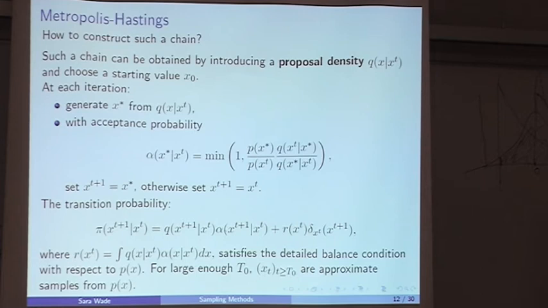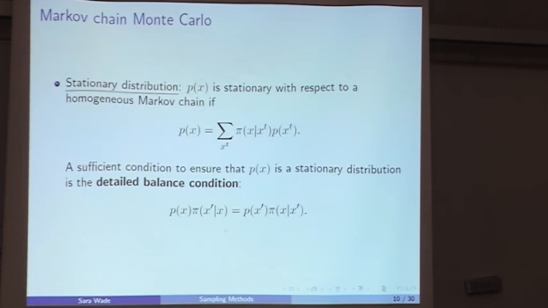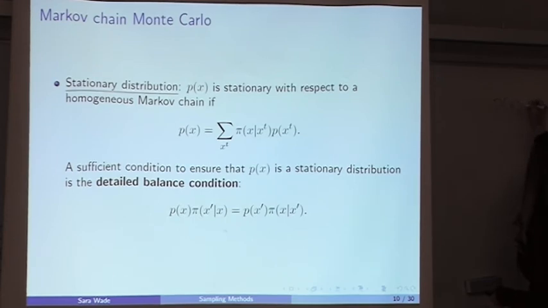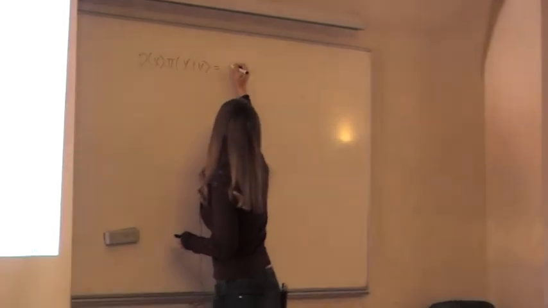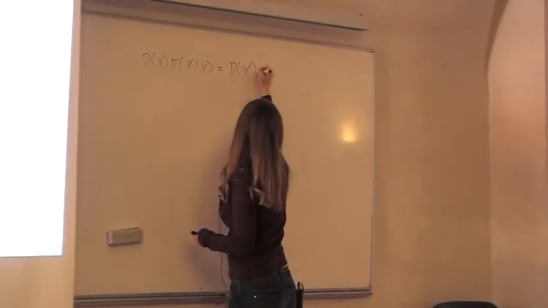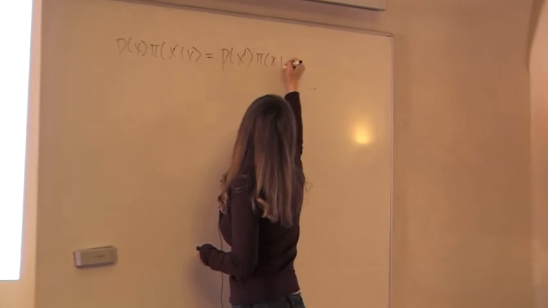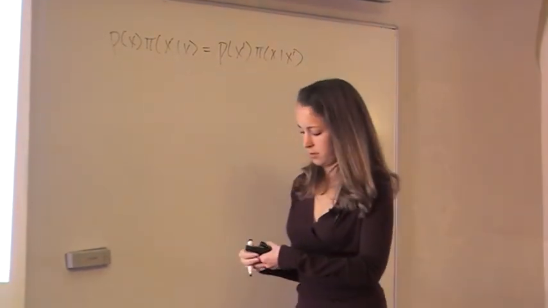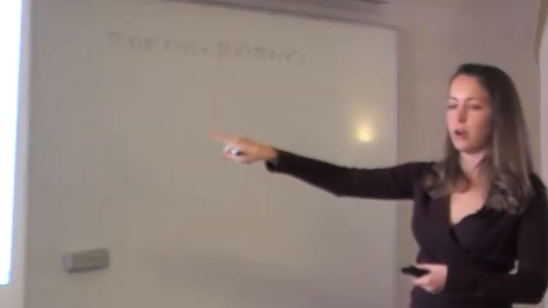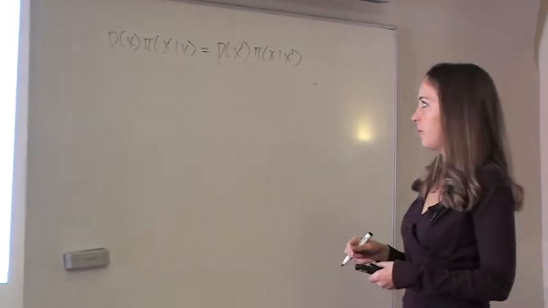So we can actually go through this. Maybe it'll be clear if we prove the detailed balance condition in this case. So let's go back. This is our detailed balance condition. We want to show that this holds for this transition probability.